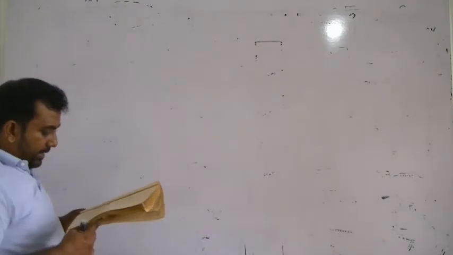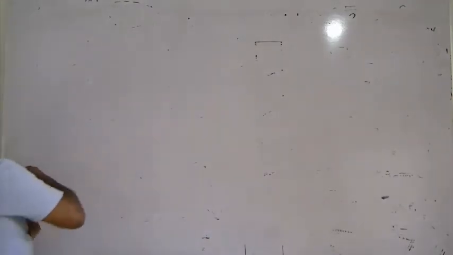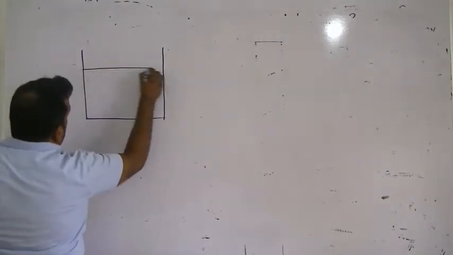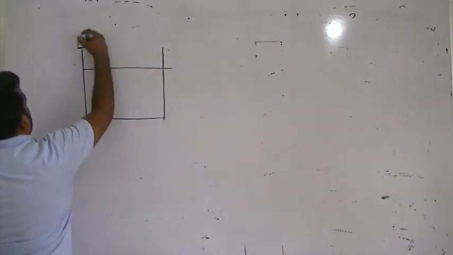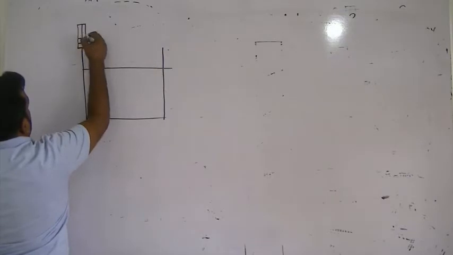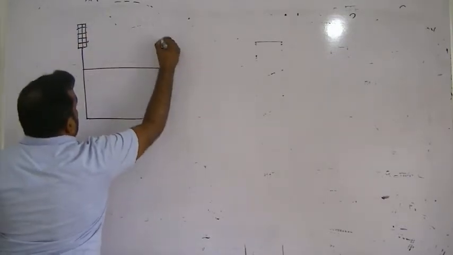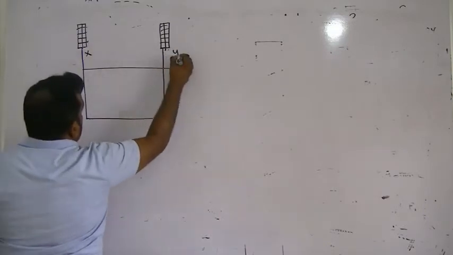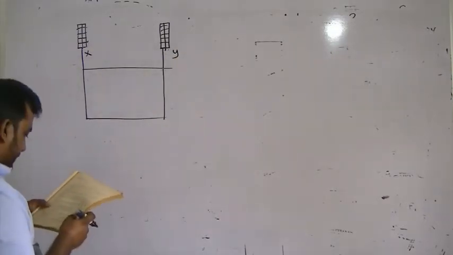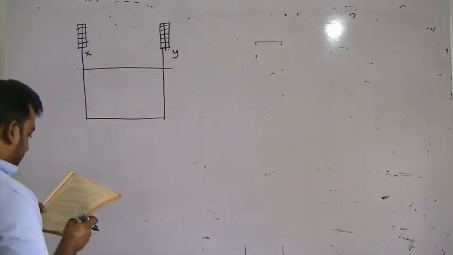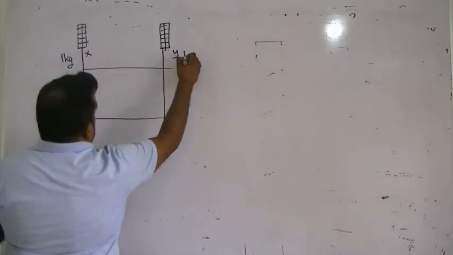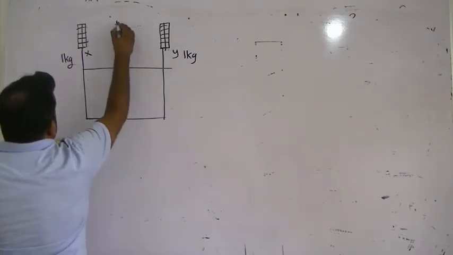A pan of water is suspended by two balances. So remember, the beaker and water are suspended by two balances X and Y, like this. X and Y will read 1 kilogram each.